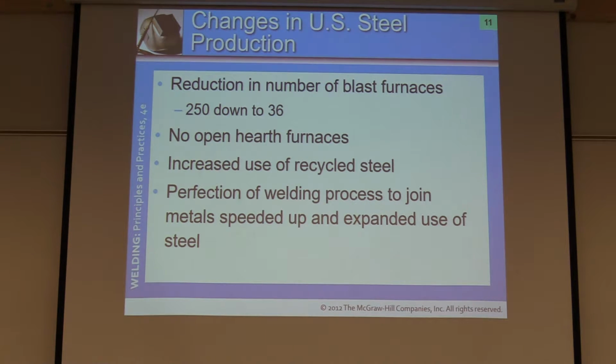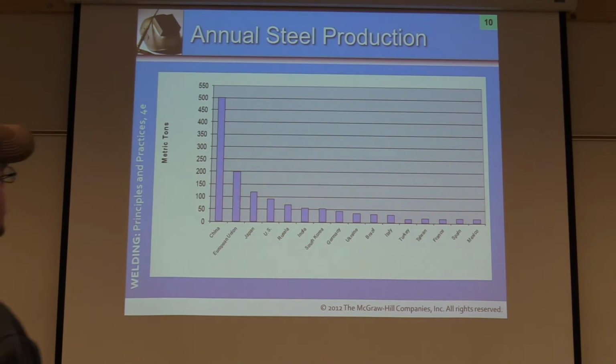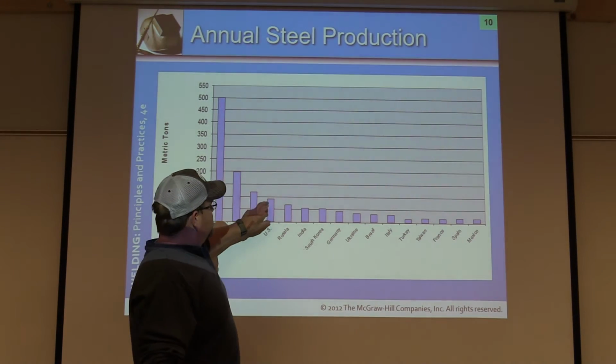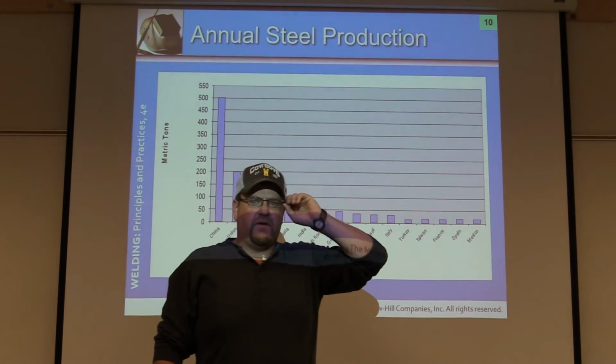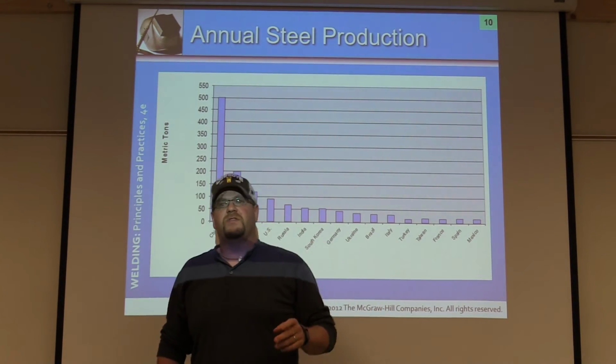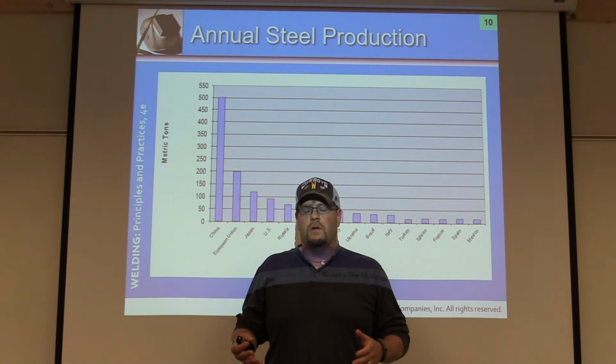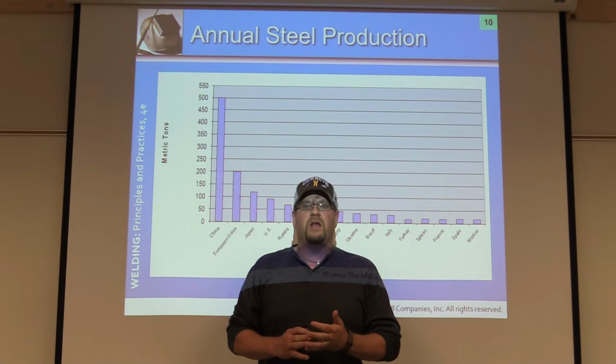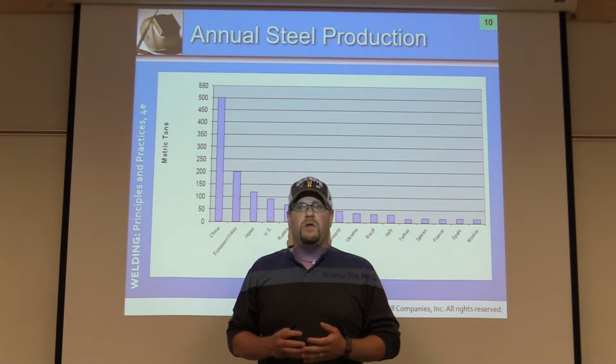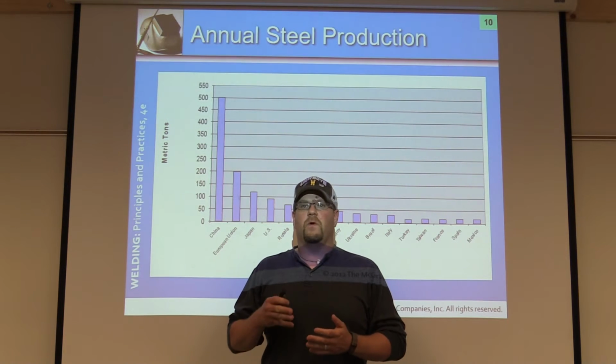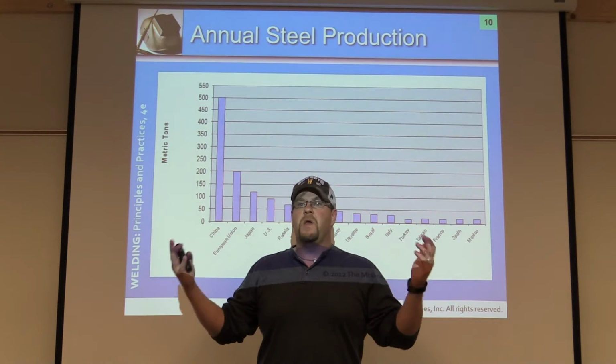Changes in U.S. steel production. The reduction in number of blast furnaces. Well, let me back up here. I do know this, and I'll find the statistics. Over 70% of the steel made in the U.S. every year is recycled. It's the most recycled material of any material we use, more than wood, more than paper, more than plastic. Tremendously more.